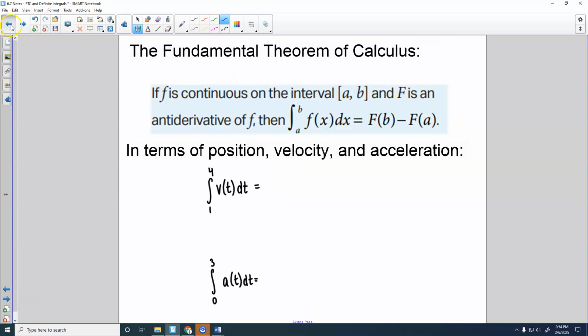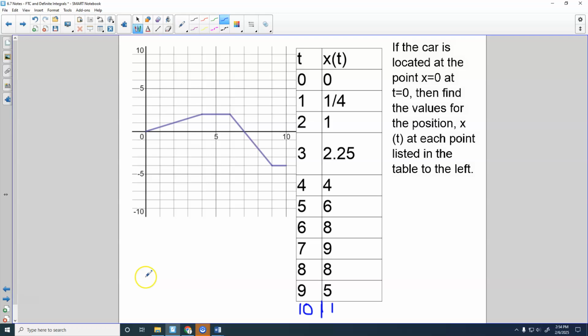Okay, so let's think about this right here. The integral from 0 to 10 of v of t dt. I wish I had made this start somewhere besides 0.